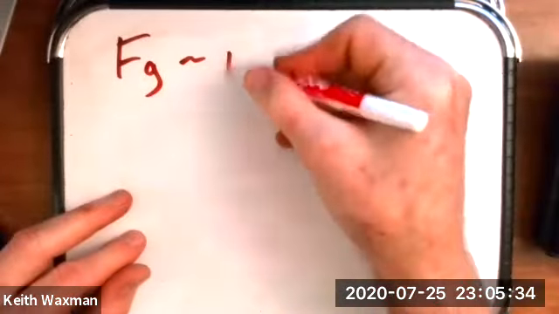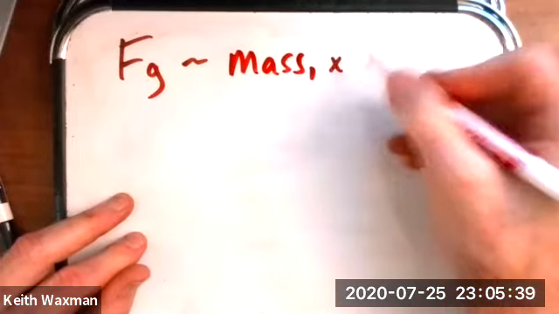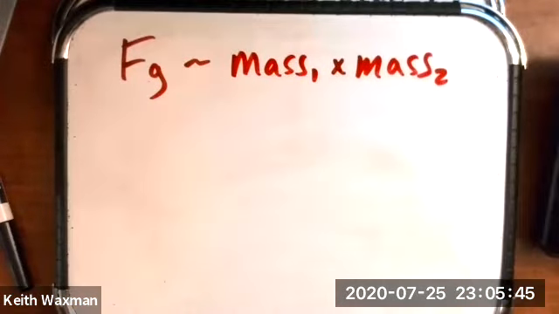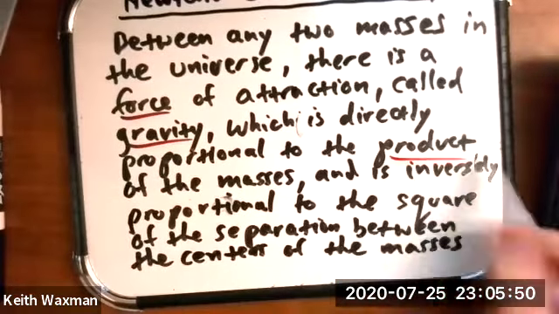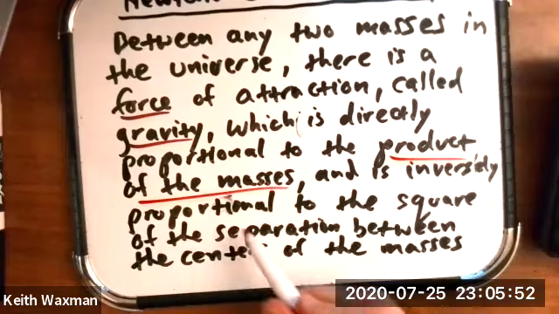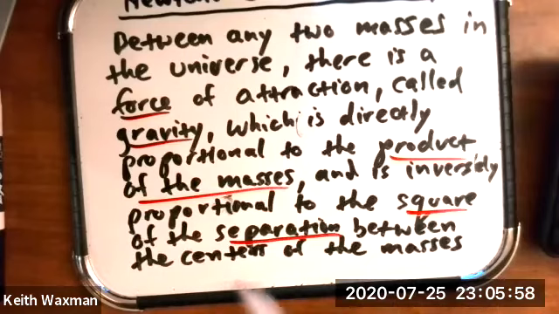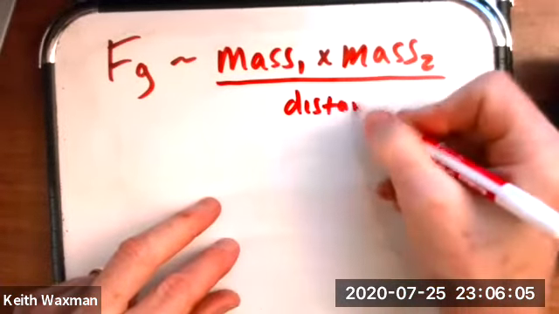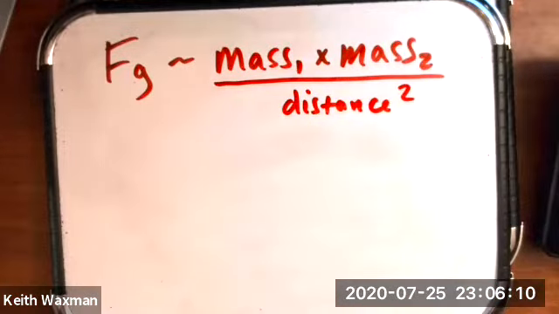It's directly proportional to mass 1 times mass 2. Two masses, we'll show that. And is inversely proportional, which just means over the square of the separation between the centers of the masses. So the square of the separation. So we're going to say distance between them squared.